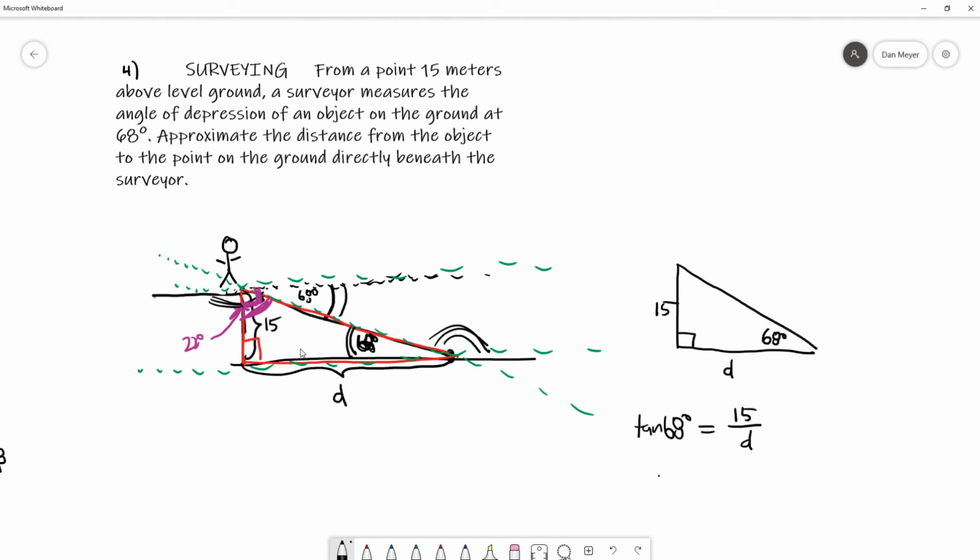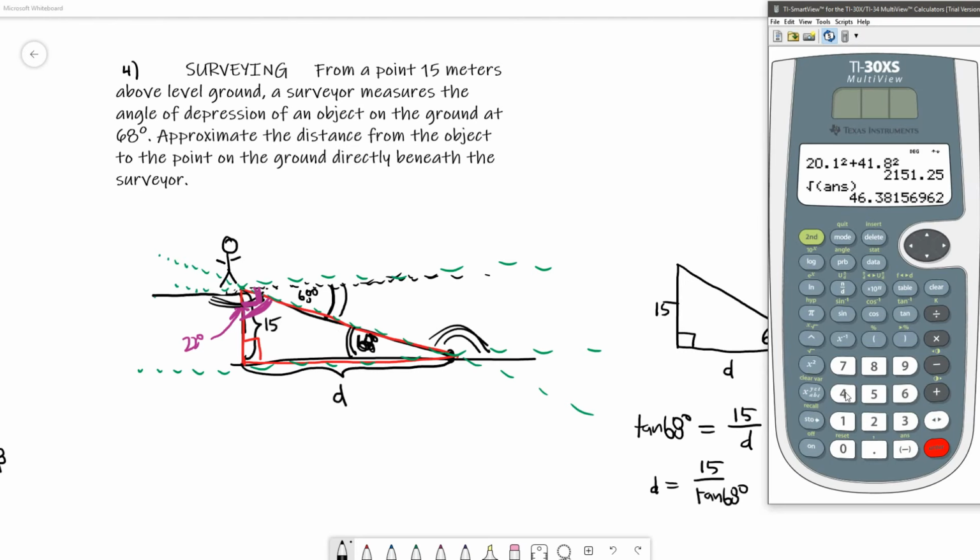So when I solve for D, D is 15 divided by tangent of 68 degrees. And when I bust out the calculator, 15, still in degree mode, 15 divided by tangent of 68 gives me about 6.